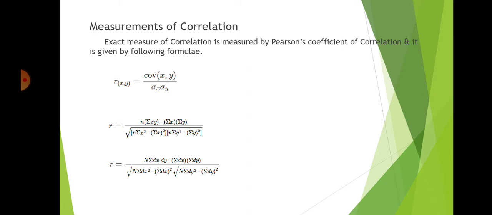It is an exact measure of correlation, measured by Pearson's coefficient of correlation, and it is given by the following formula. Next, r_xy means correlation between x and y. Notation is r equals covariance xy divided by sigma x into sigma y.